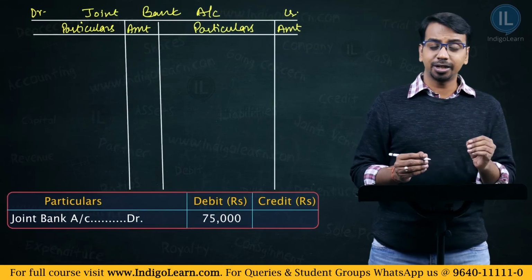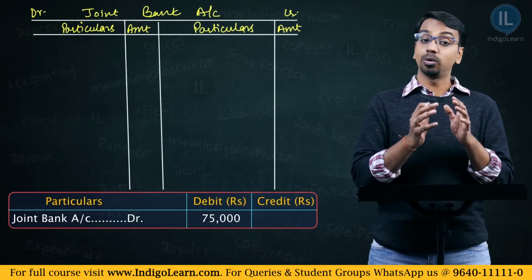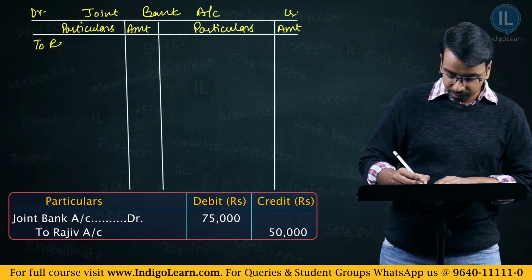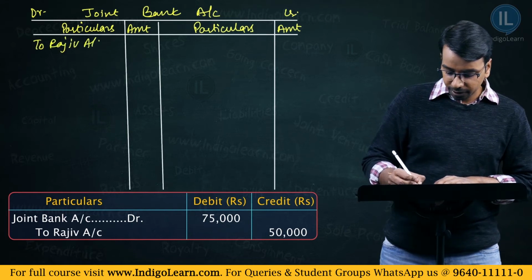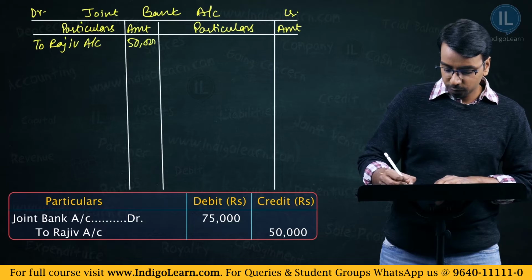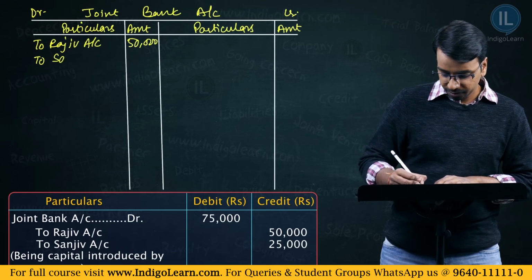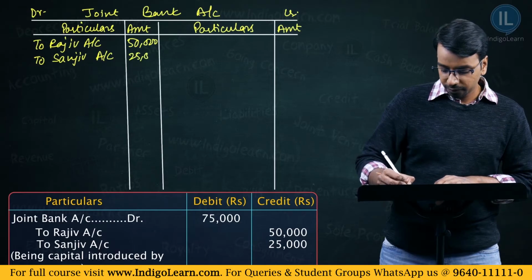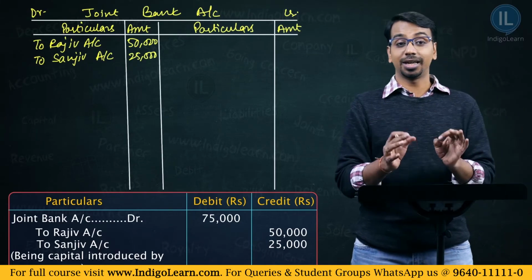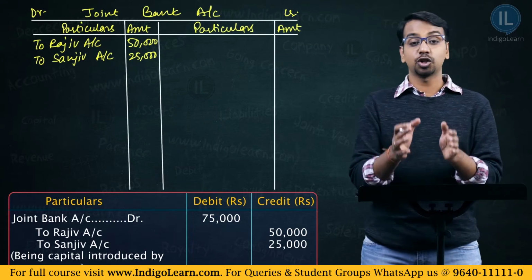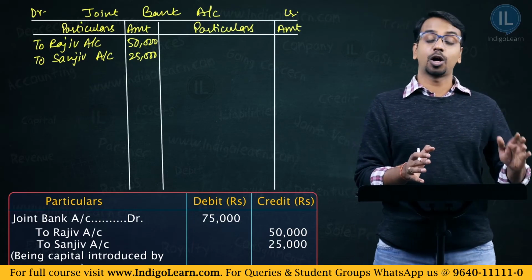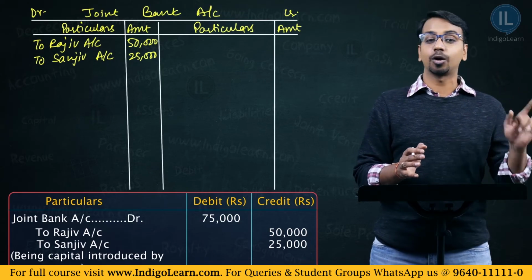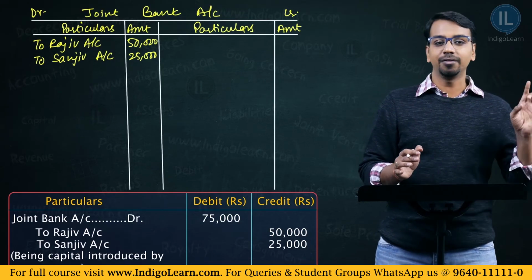So what will be the first entry? Joint bank account debit to Rajiv account 50,000 to Sanjeev's account 25,000. This is the first entry. And what will be the journal entry? Simple. Joint bank account debit to Rajiv account 50,000 to Sanjeev's account 25,000, and joint bank account will be debited with 75,000.